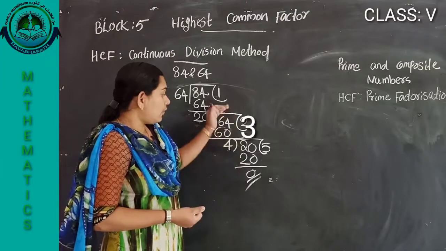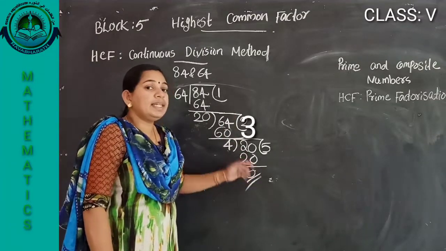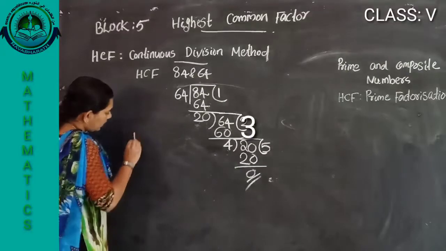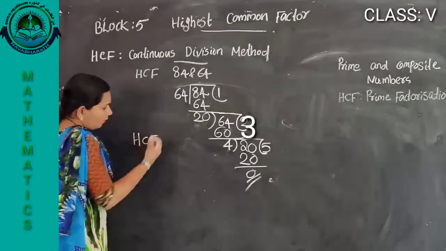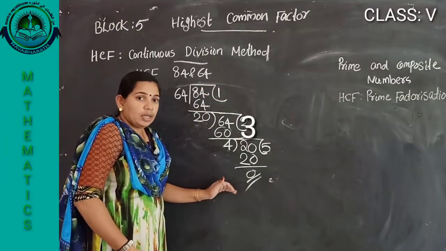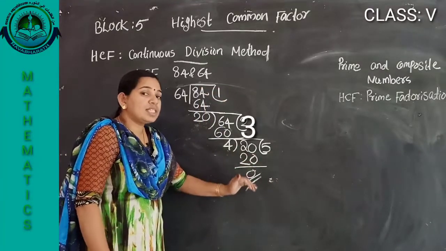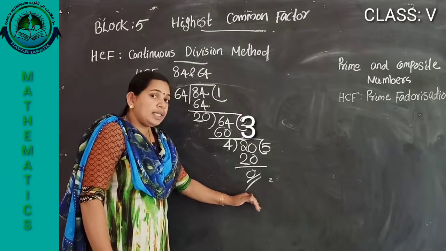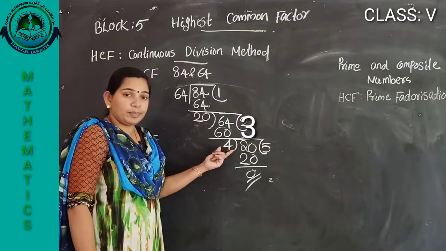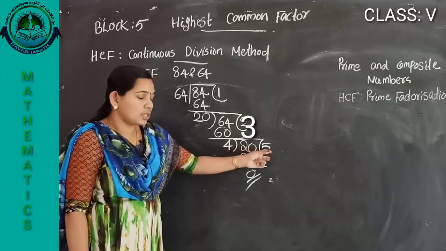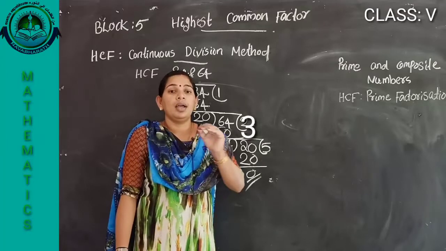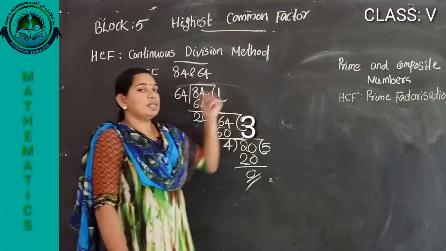When we get remainder 0, that divisor is the HCF. We are doing the continuous division. When we get remainder 0, the divisor, which here is 4, is the HCF of the given numbers.